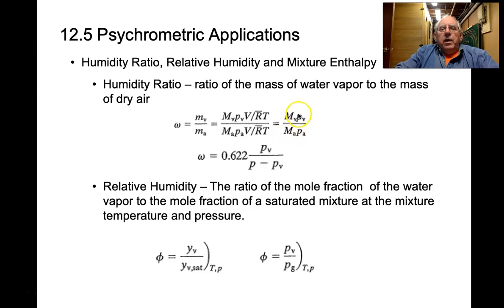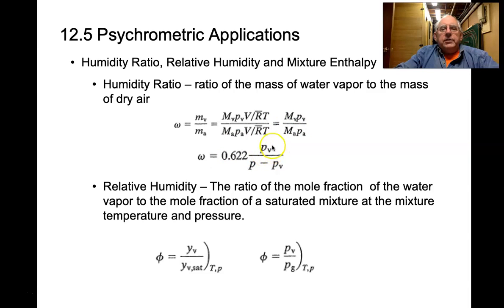Since the vapor is water, which has a molecular weight of 18, and air is assumed to have a molecular weight of about 29, 18 over 29 is 0.622. And so 0.622 is this ratio.